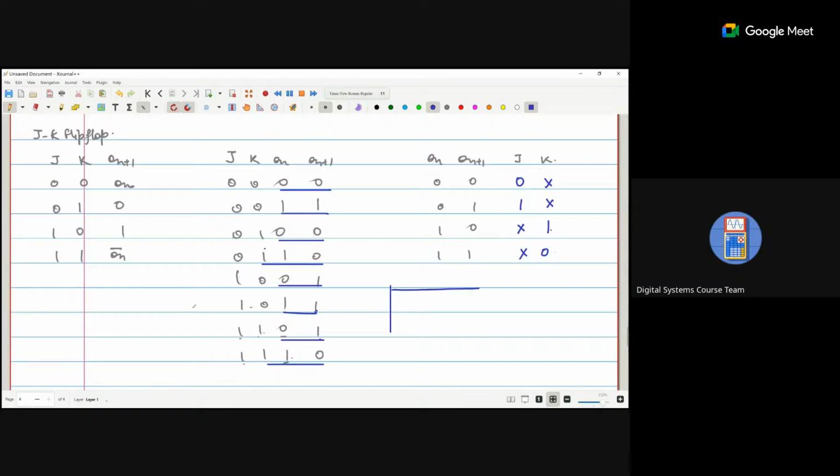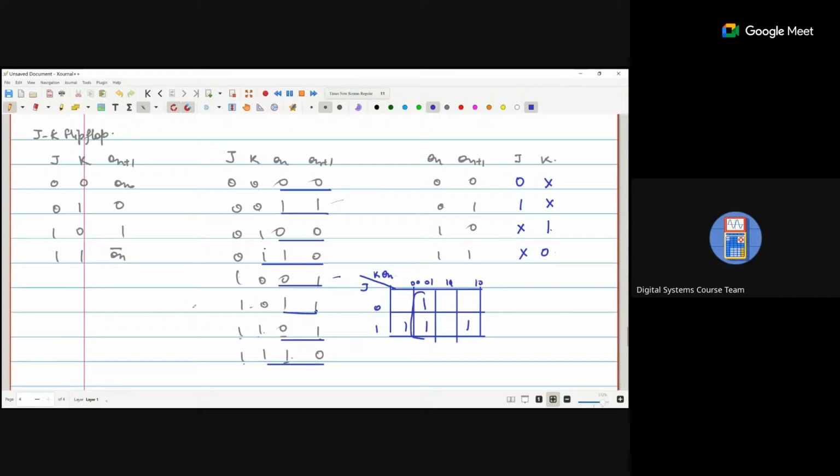So for this one, J K Qn, 0 0 0, 1 1 0, 1 1 1, 0 0 1. So 1, 4, 5, 6.